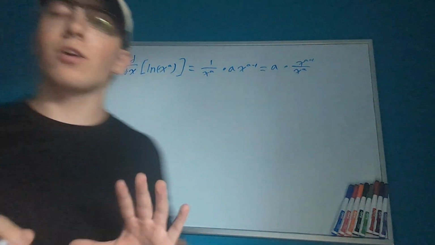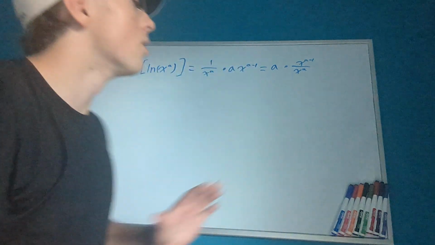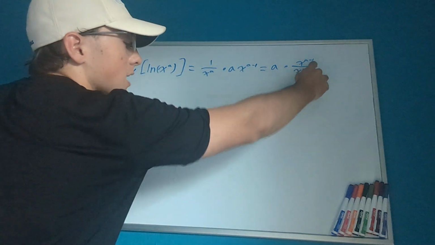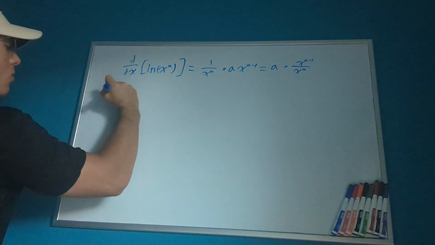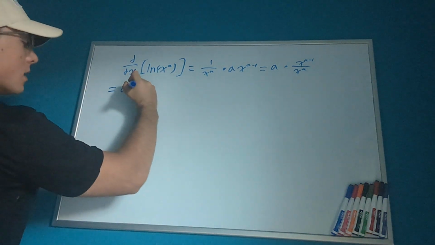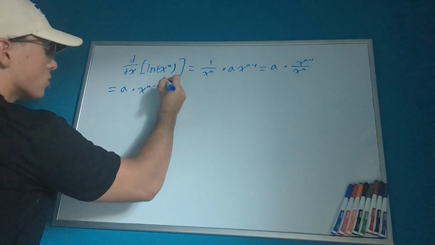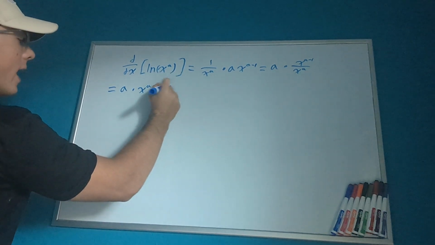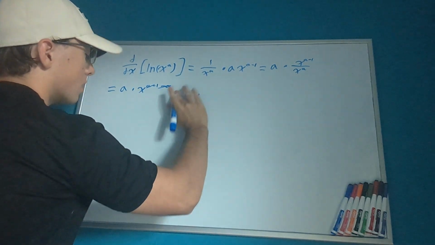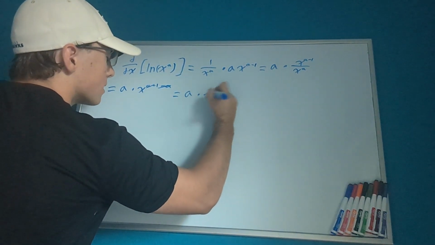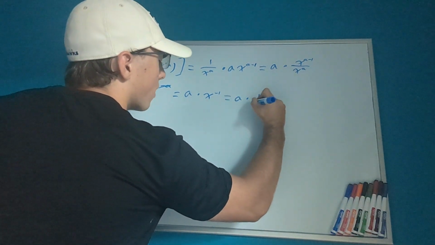Hopefully you recall from your exponent rules that with division on the same base, we can subtract the exponents. So this equals a times x to the a minus 1 minus a, and the a's will cancel out, and we get times x to the negative 1, which equals a times 1 over x.